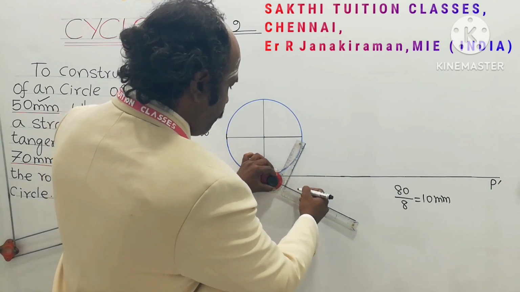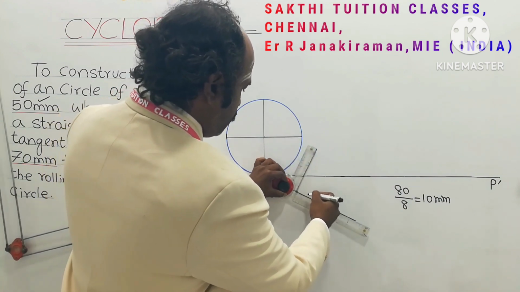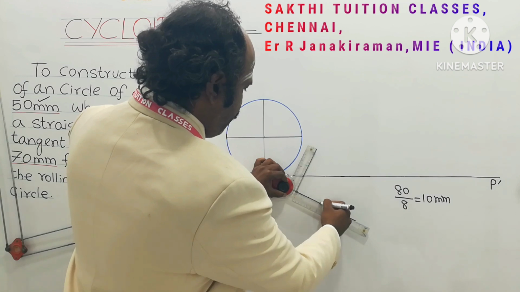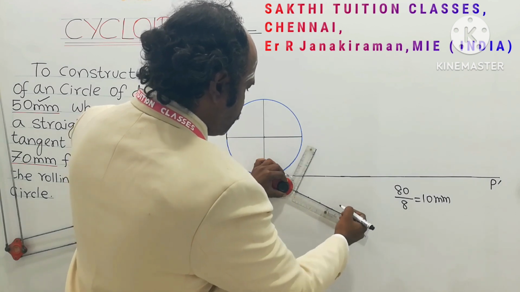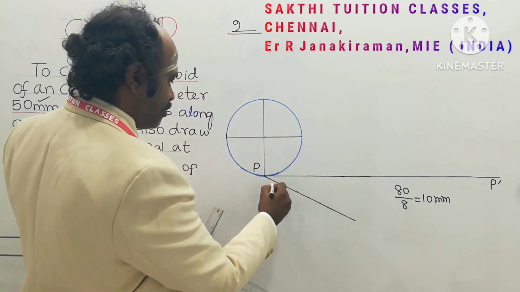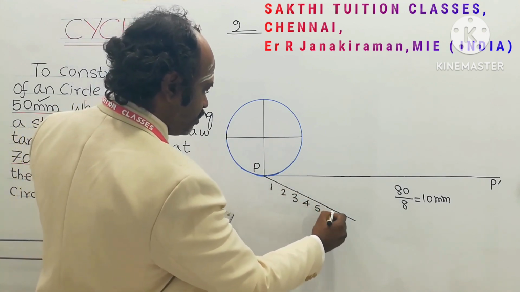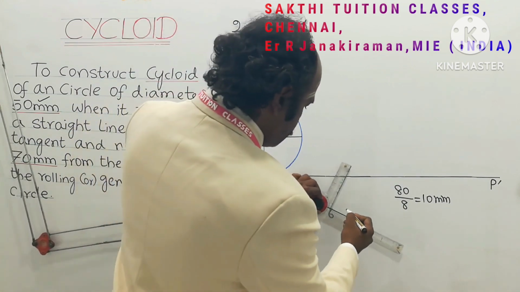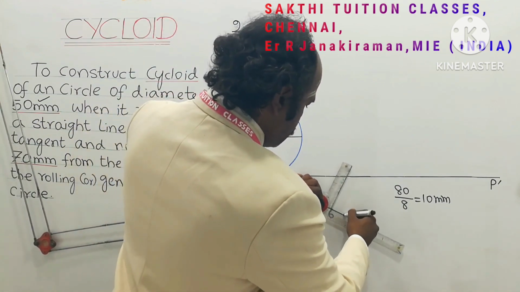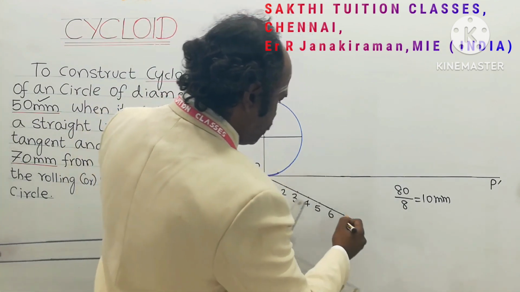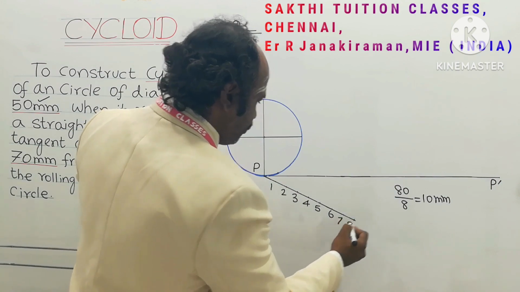It shall be marked as 1, 2, 3, 4, 5, 6, 7 and 8. The remaining length may be erased.